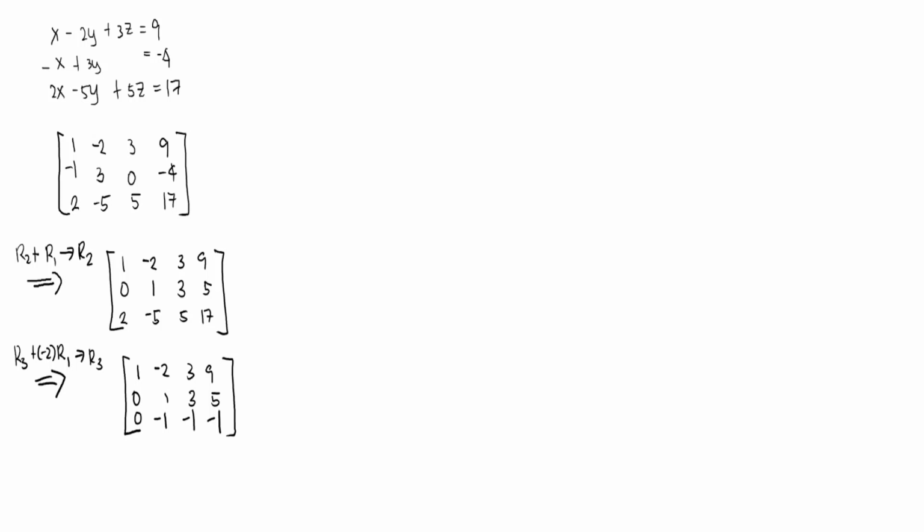Next, we add the second row to the third row to produce a new R3. Again, add the second row to the third row to produce a new R3. So we copy the first two rows since we will have new R3 only.